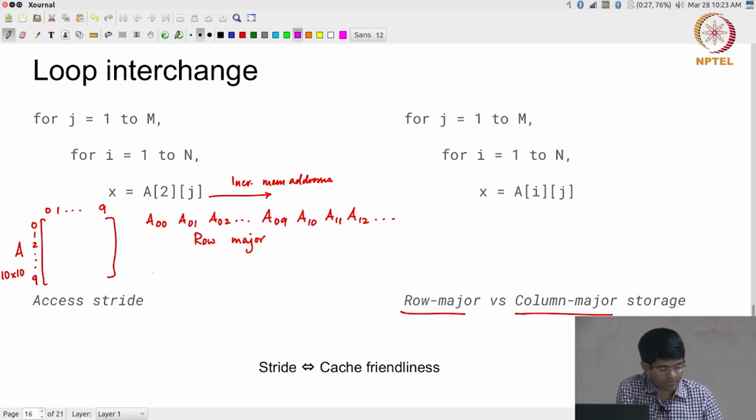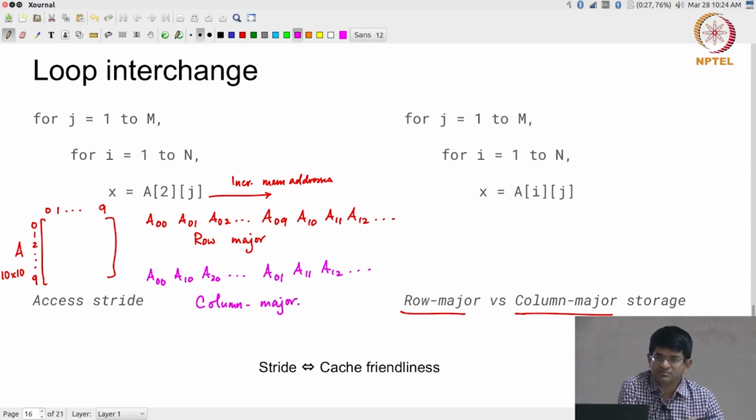Instead, if I went by column, I would say A00 is the first one, but after that would be A10, A20, etc. Finally, I would go to A01, then A11, A21, etc. This is the so-called column major format.